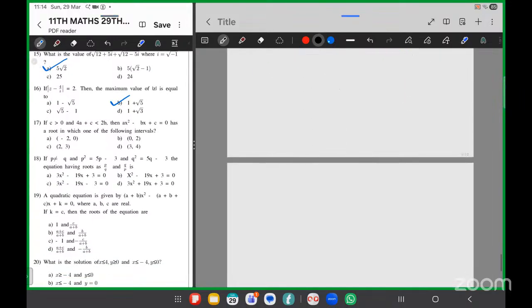Question number 17. If c greater than 0, 4a plus c less than 2b, then ax square minus bx plus c equal to 0 has a root in which one of the following intervals.